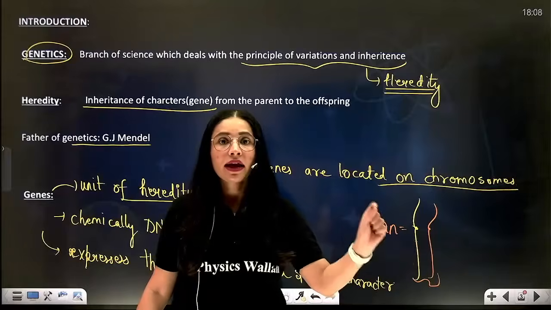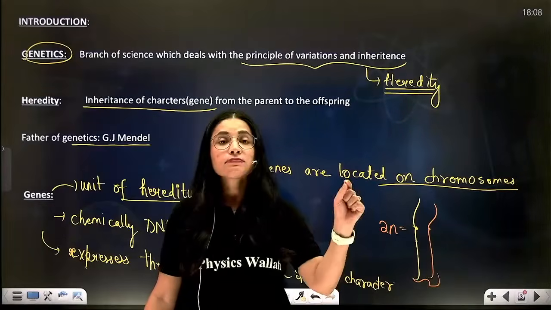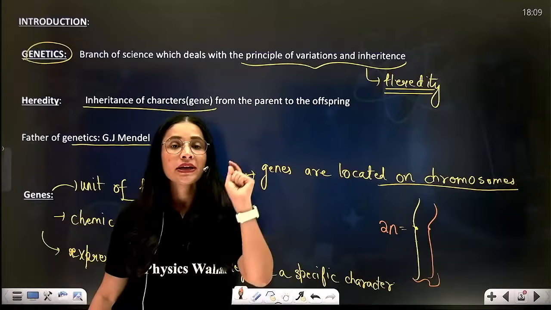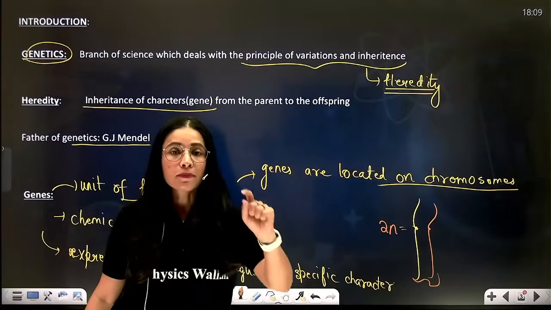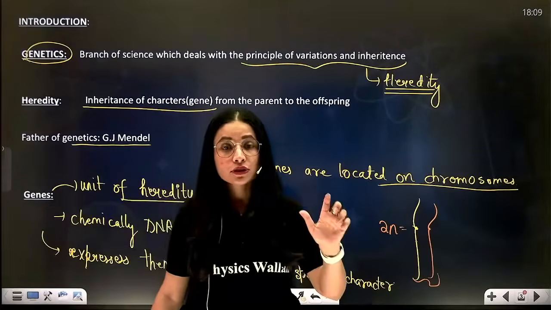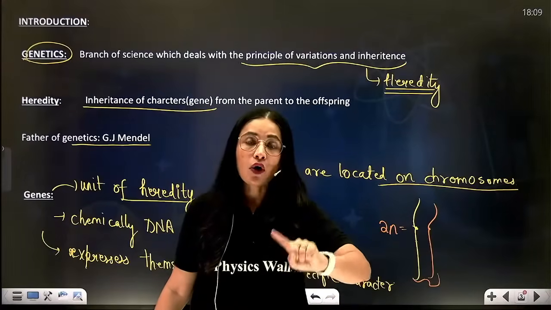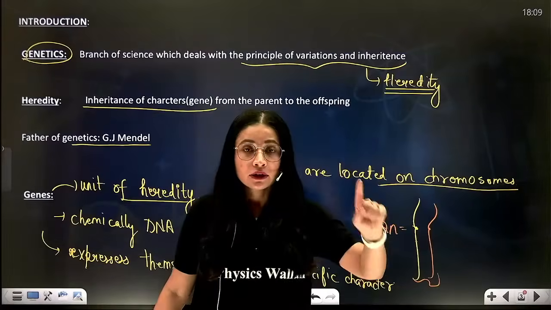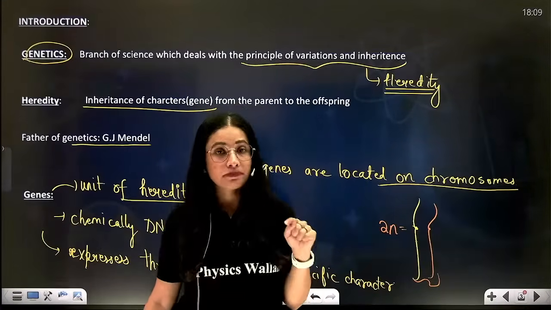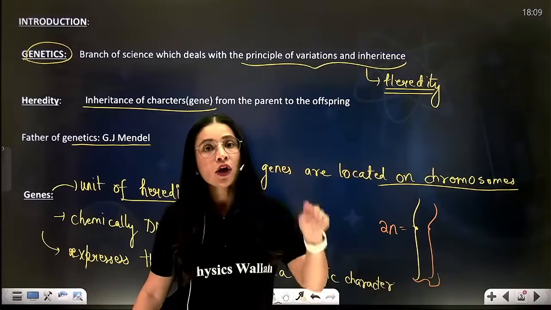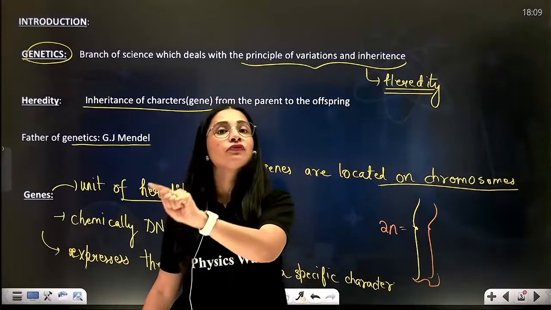Now, every gene has its specific location on a specific chromosome. For example, suppose my gene 1 is responsible for controlling eye color and it is located on chromosome 1. So for every Homo sapiens, there will be gene 1 controlling eye color located on chromosome 1.